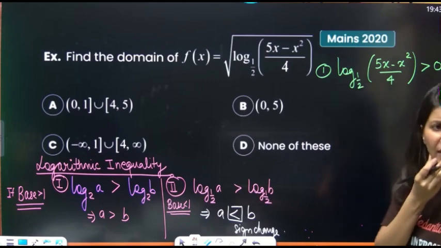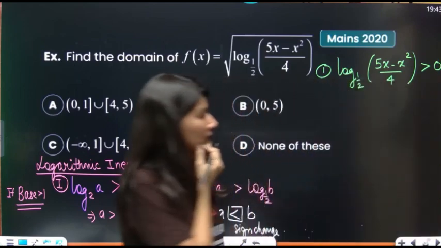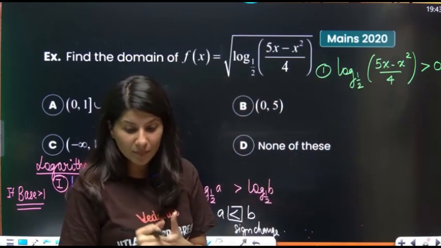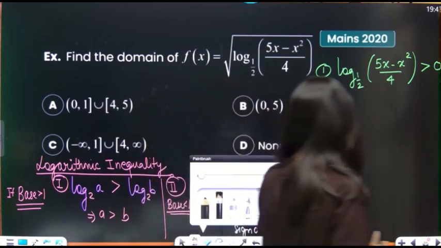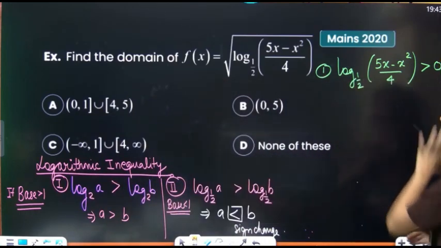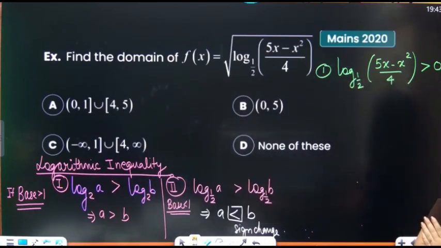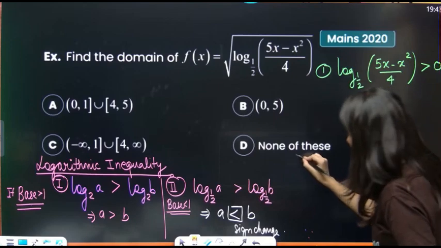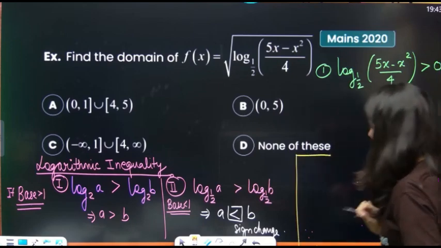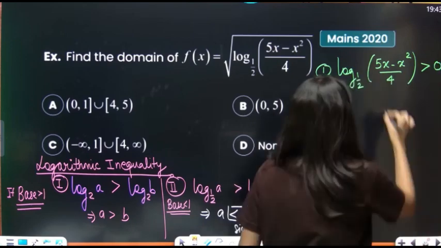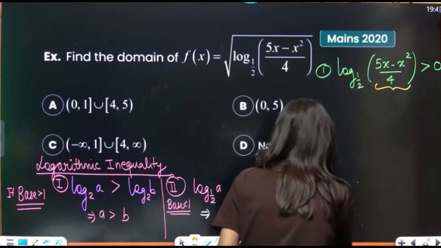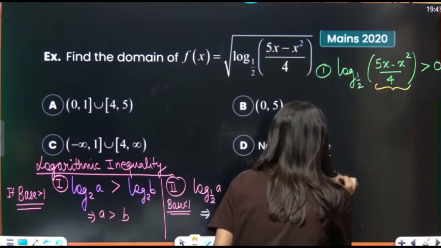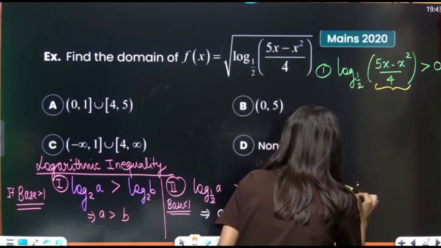Now the moment I see logarithm, there are multiple things happening in this question. One by one, I'm going to tell you. First step, how many of you are clear with the first step? Now, first step tells me we are going to solve this inequality, but I feel that I need to do something about this. 5x minus x square by 4 should always be positive.